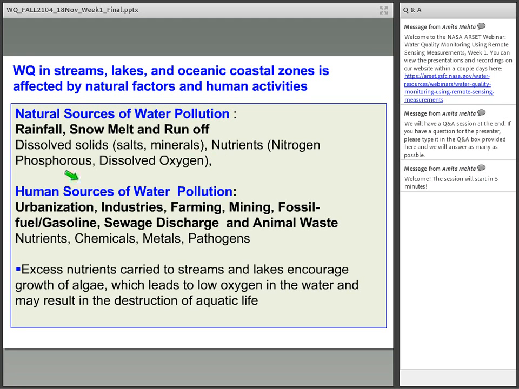Eventually those streams can go to coastal oceans and pollute them as well. There are also many human sources, like urbanization, industrialization, farming, mining, fossil fuel burning, sewage discharge, animal waste, nutrients, chemicals, metals, and pathogens. These all result from human activities.